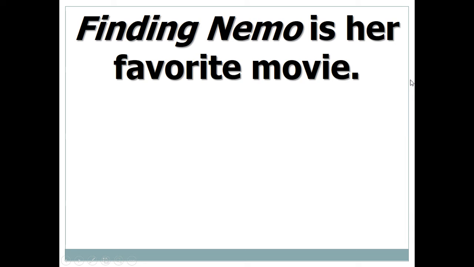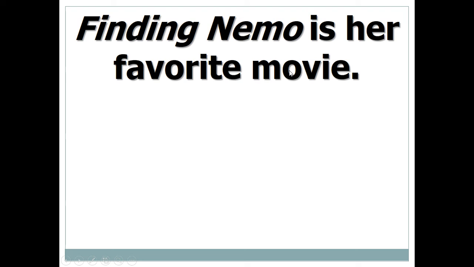Finding Nemo is her favorite movie. Again, who or what are we talking about in this sentence? You might be tempted to think, well, we're talking about her. No, we're actually talking about Finding Nemo. So the subject of the sentence is Finding Nemo. Now, is Finding Nemo doing some sort of action in the sentence? I hope you're noticing that. No, there is no action.